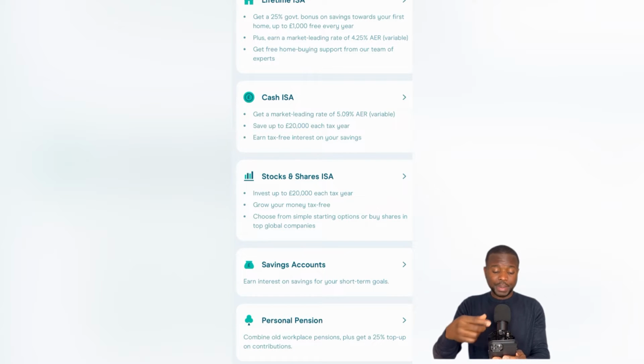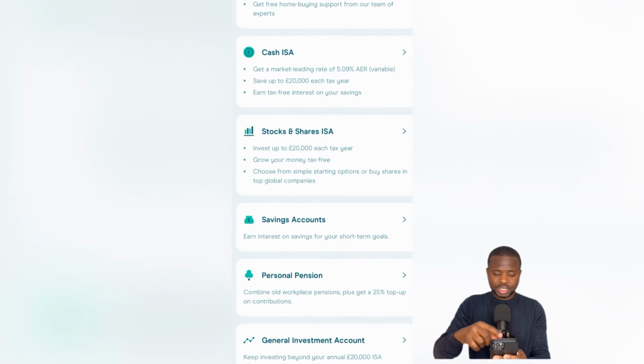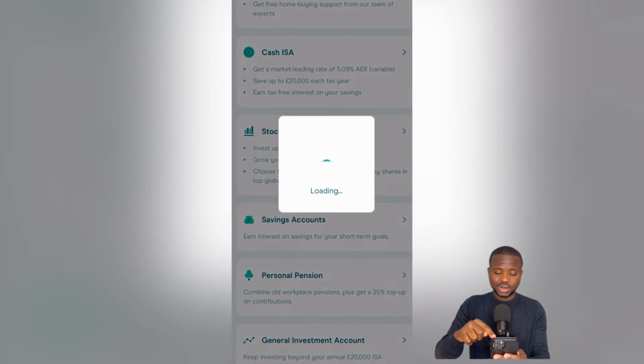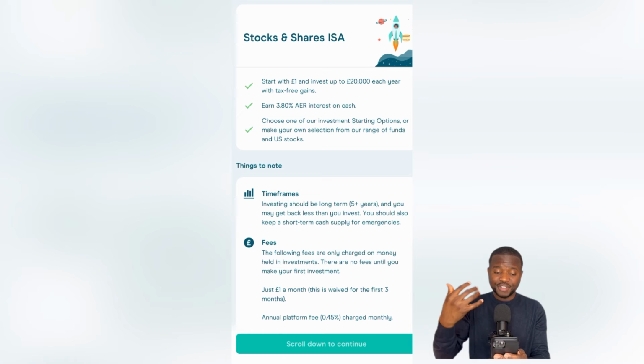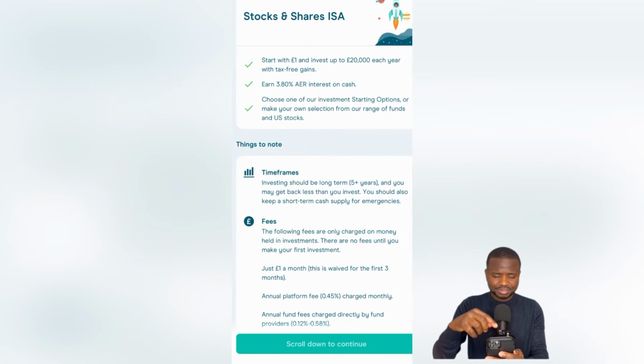But not many people are able to exhaust the 20,000 allowance. So yeah, let's go into the stocks and shares ISA option, which really is for investing, so that whatever amount you earn in interest, you do not have to pay taxes on it.